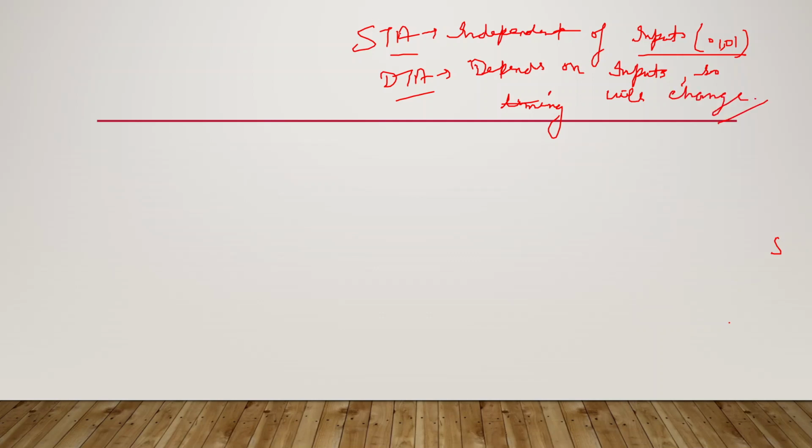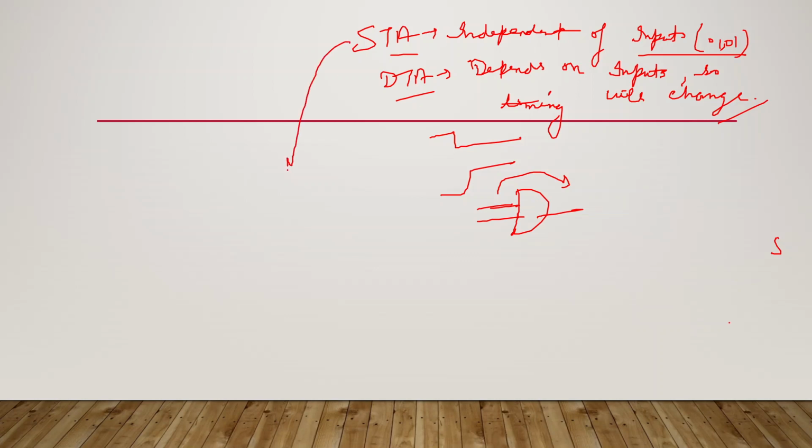In STA, suppose this is a gate with 2 inputs. We are calculating the delay for the rising edge and also for the falling edge. What is the propagation delay, and what are the terminologies that we are using in STA, I'm going to cover in later videos. I will follow a sequential manner. So this is all about the STA and DTA.